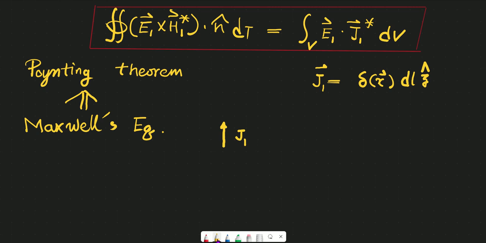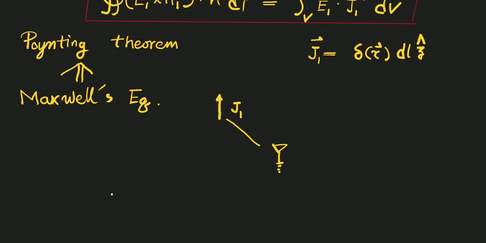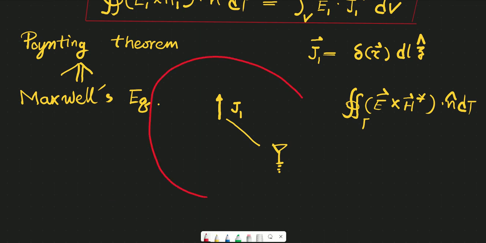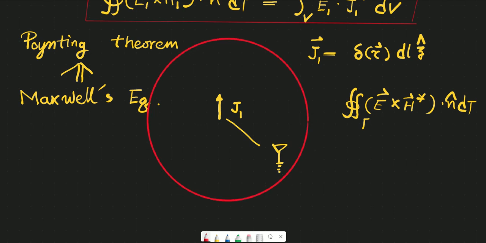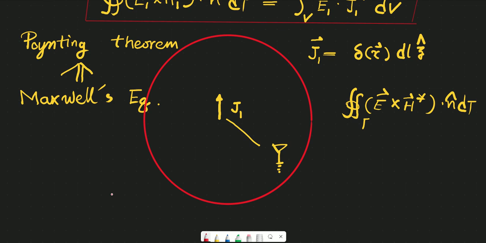We know for any kind of antenna, it is clear the Poynting, this gamma, is something with the radial r bigger to infinity.